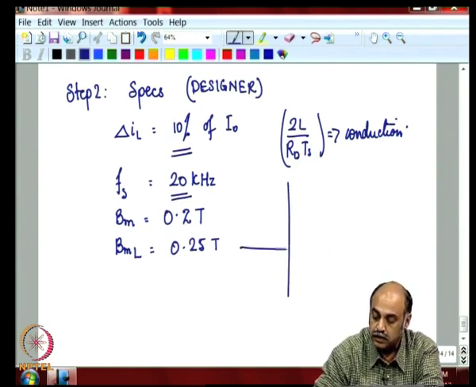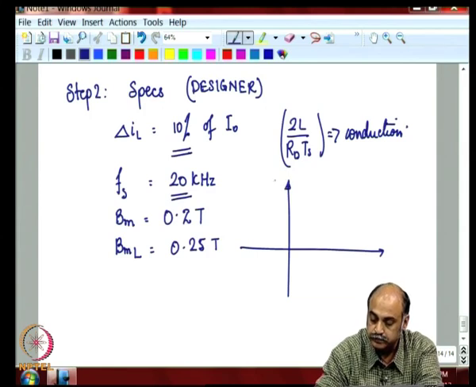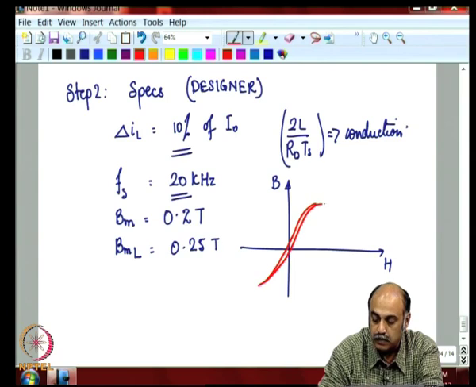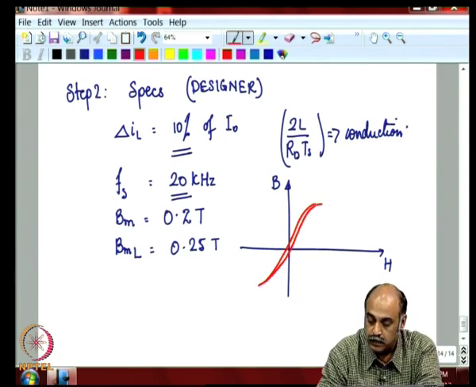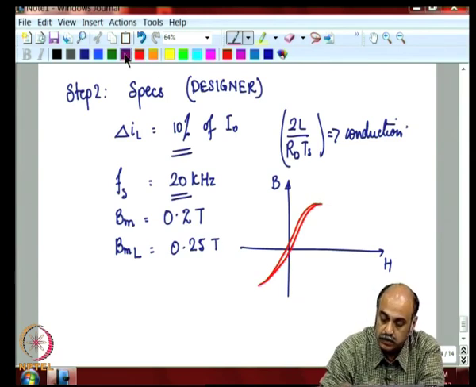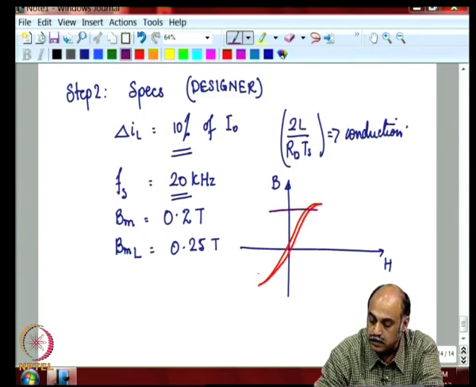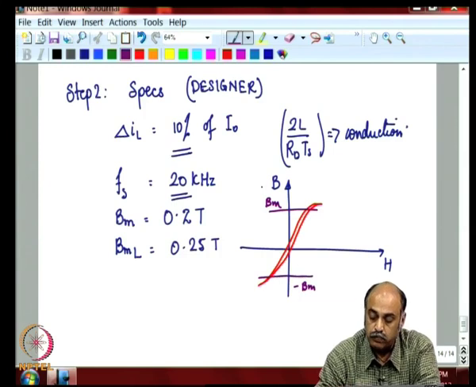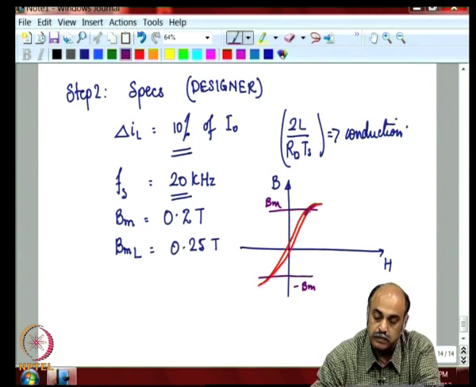Because if you take the BH curve, which has this nature, for a transformer, the swing in the flux is from minus Bm to Bm, whereas for the inductor it is in the neighborhood of Bm.